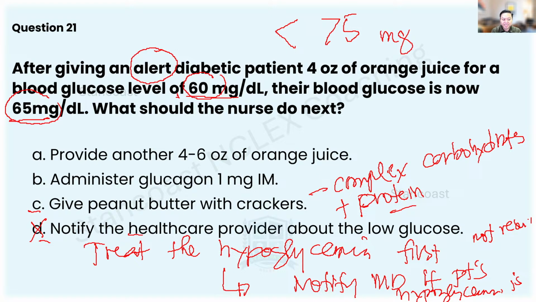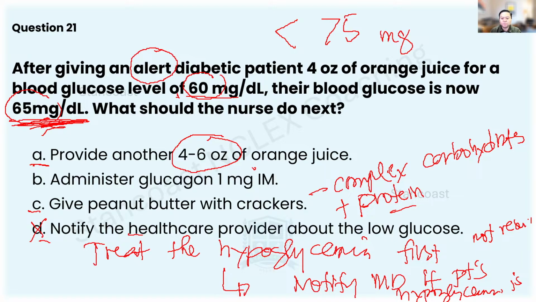All right, please take note. Our patient is still not in the safe range. They are still hypoglycemic. So the best option here is to give them another dose of orange juice. We really want to get that blood sugar up into the normal range.